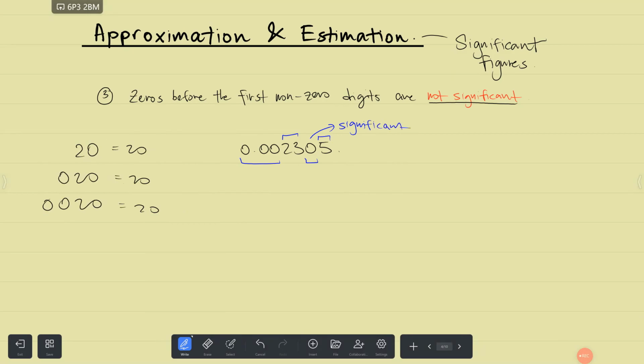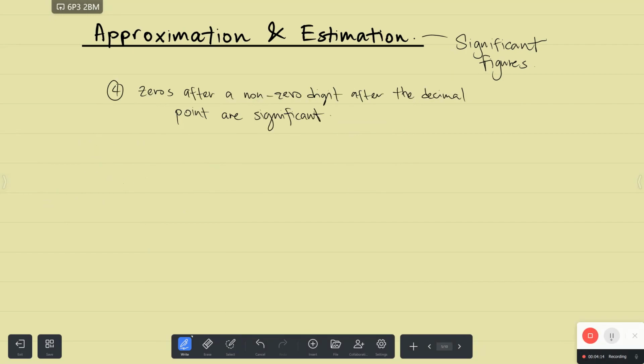But over here, these are zeros before the first non-zero digit. Because of this rule, these are not significant. This particular number will only have 1, 2, 3, 4, so 4 significant figures, despite having zeros before the first non-zero digit, which is the 2. Okay, next.